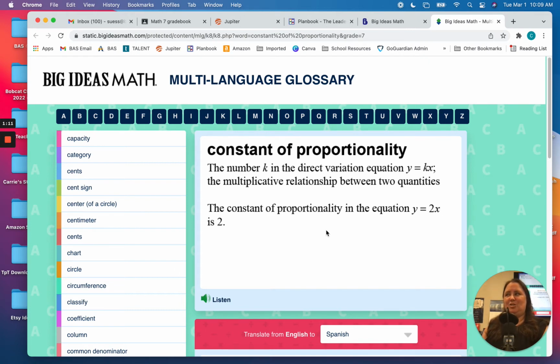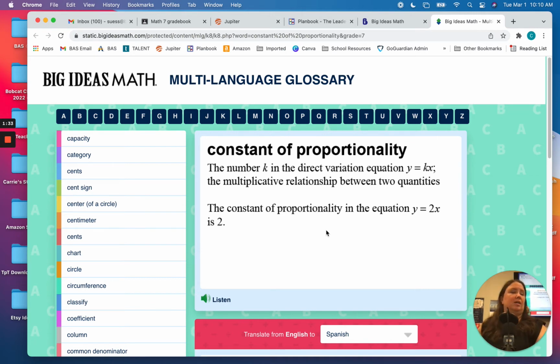Well, I don't understand it well. Like two problems are equal, like the same. So the constant of proportionality is telling you the rate of change that's the same the whole time.